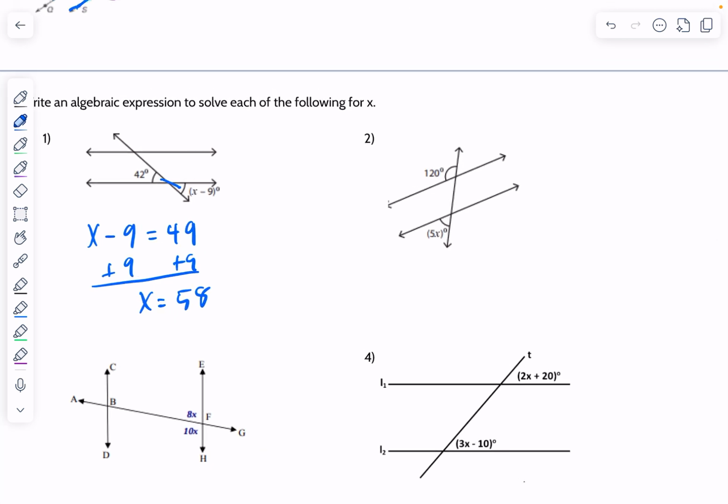It does not ask you to solve for the angle, but if you were to solve for the angle, you would have to say x, which is 58, minus 9 equals 42 degrees, which is kind of redundant, but sometimes you're missing that part.